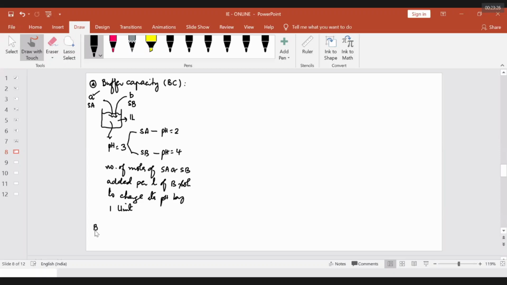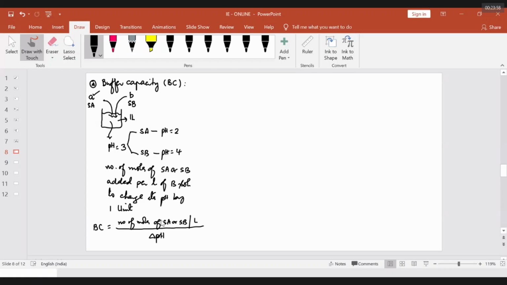The scientist's job is to make it mathematical: buffer capacity is equal to the number of moles of strong acid or strong base per liter of solution divided by the change in pH. If the change in pH is 1, these moles become the buffer capacity. Simple definition.